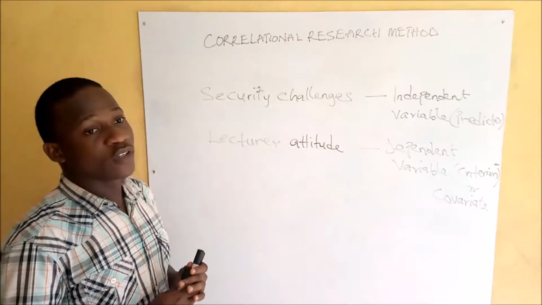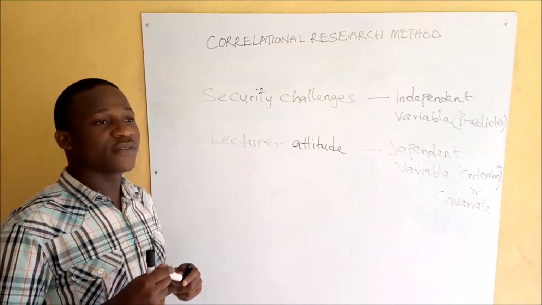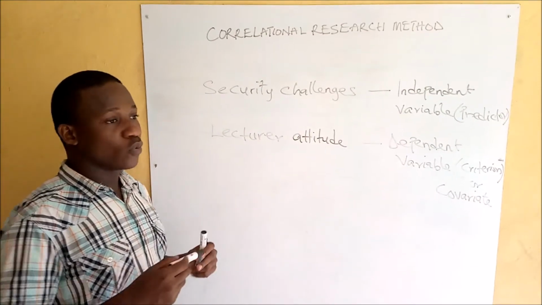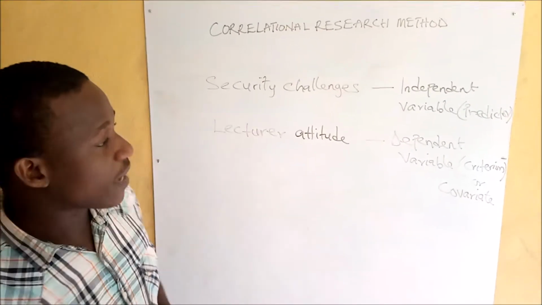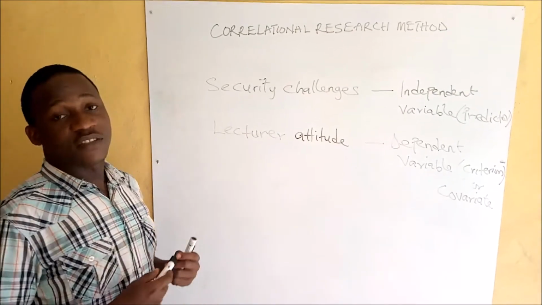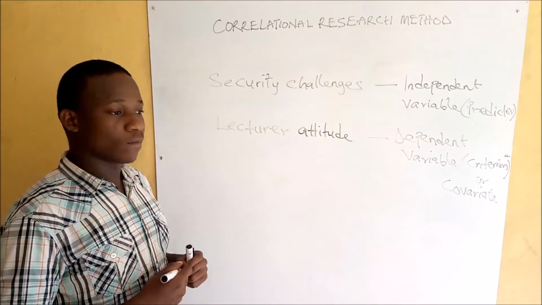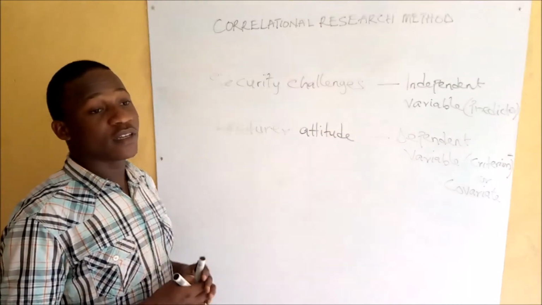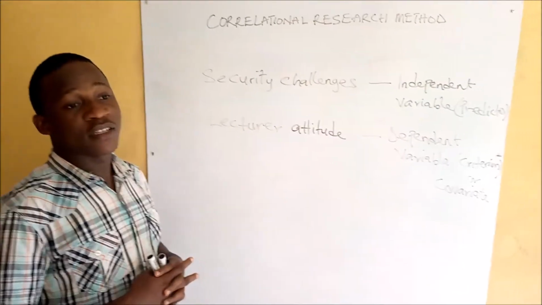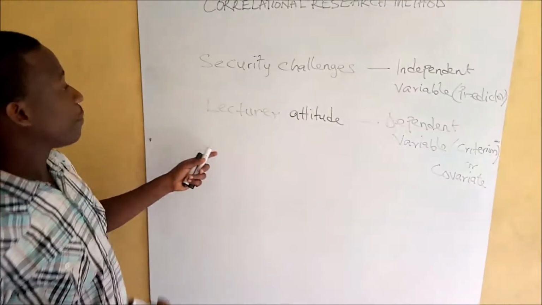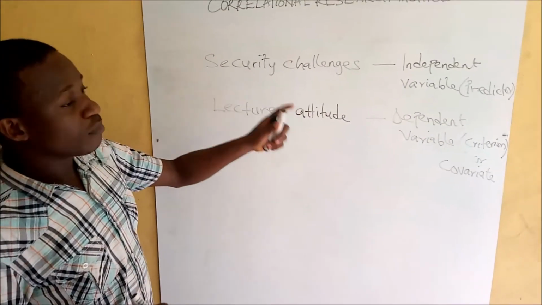For example, you are checking how an administrative style will affect staff job satisfaction. You can see how this can help an organization in its goal achievement. So you see, apply the correlational research method.